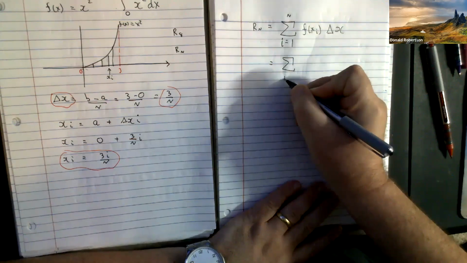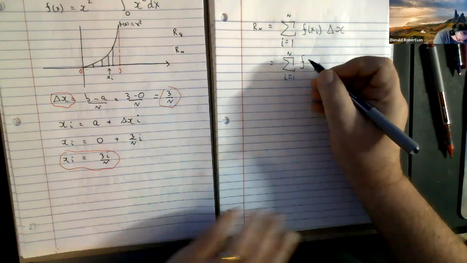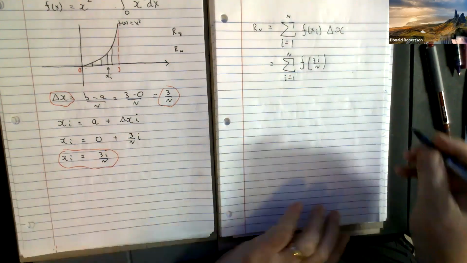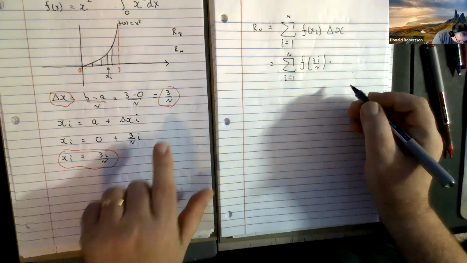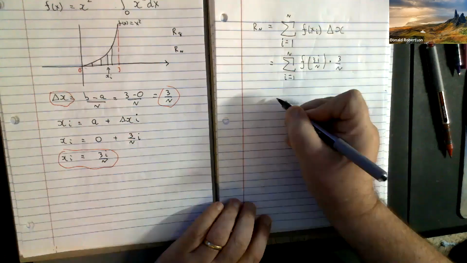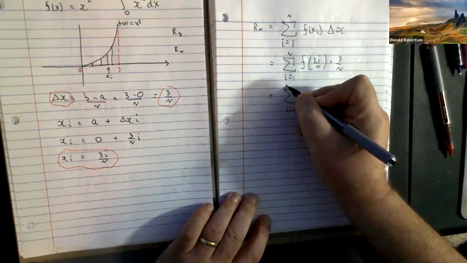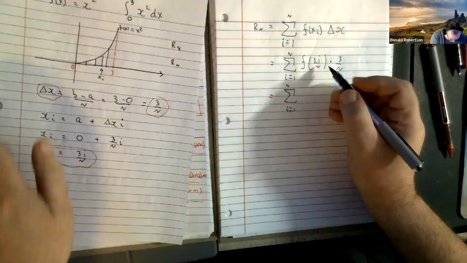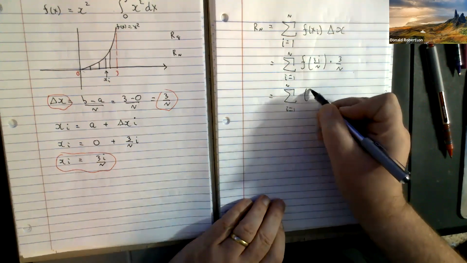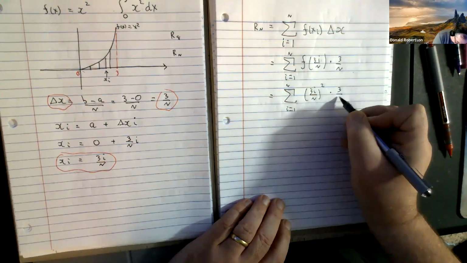This would now become the sum from i equals 1 to n of the value of the function at 3i over n, times delta x, which is 3 over n. Well, the function is x squared, so this is essentially my x. So I get the sum of x squared times 3 over n.